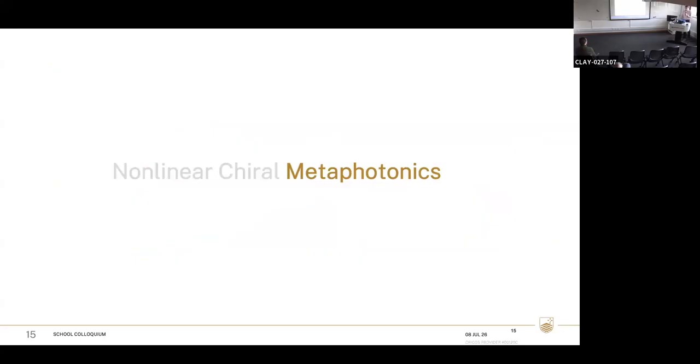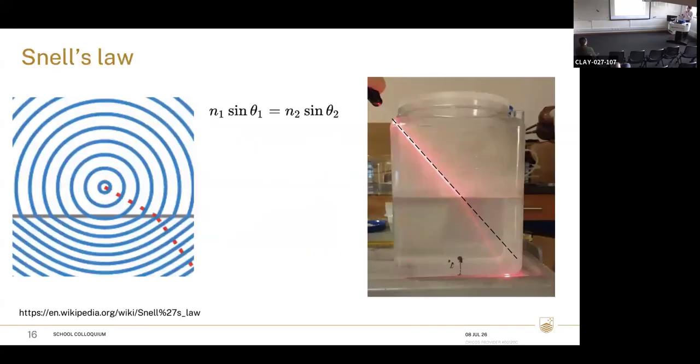So that's how we come to metaphotonics. Basically, metaphotonics takes its roots from metamaterials. The original idea of metamaterials originated from the aim to overcome Snell's law. Everyone knows Snell's law: when we have two media with different refractive indices and a beam passes through the media, it will be refracted. People were thinking, what if we had a negative refractive index, which is not possible in nature.